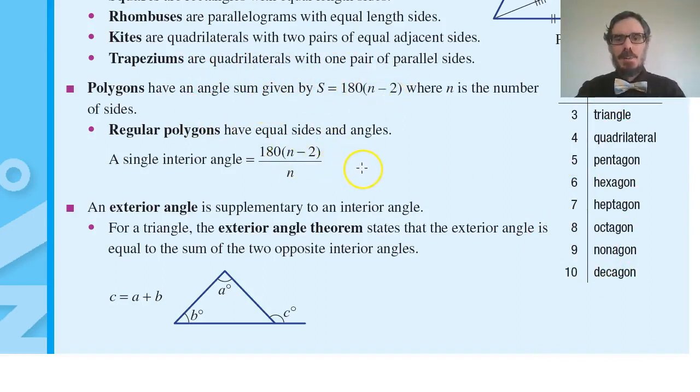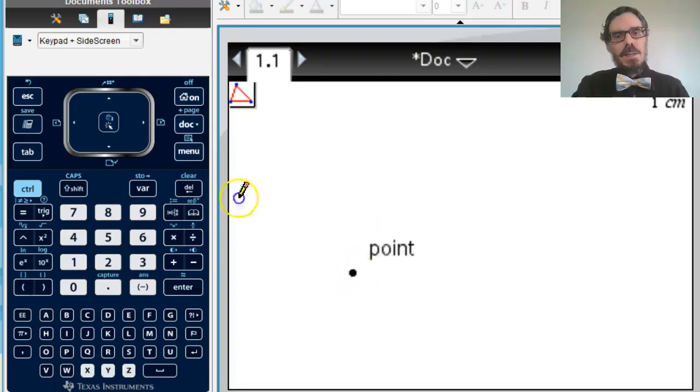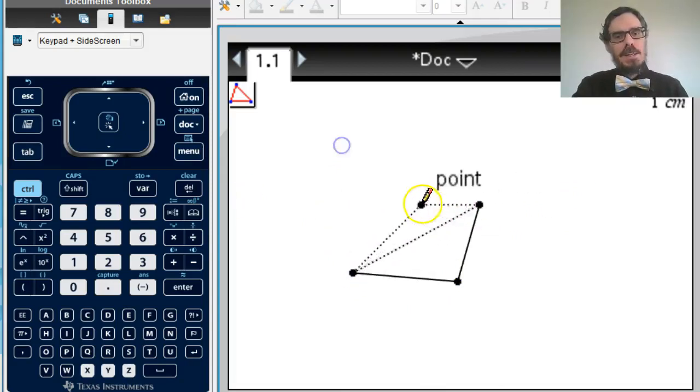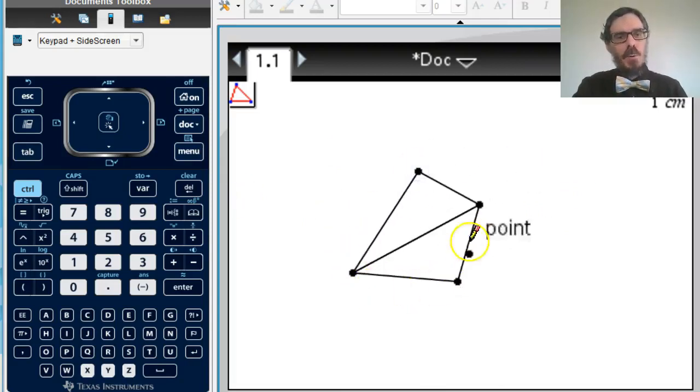Let me show you how it comes about. Suppose I start with a triangle. This triangle has 180 degrees in it, and we just talked about how you can prove that. But if I take one of these sides and make it into a 4-sided figure, the 4-sided figure actually has 2 triangles inside it.